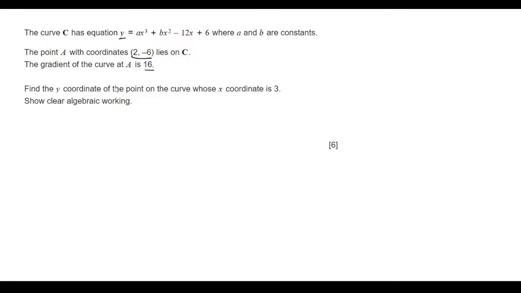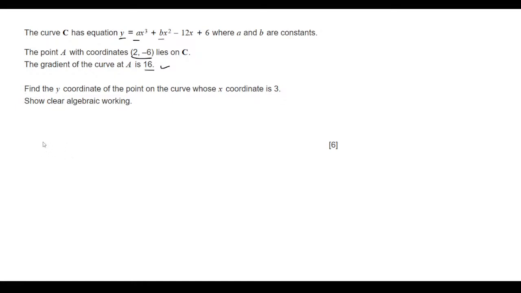The gradient of the curve at A means at this particular point only, so when x is 2, my dy by dx value is 16. So I will get two equations, and here I have two unknowns, a and b. Two linear equations with two unknowns can be solved simultaneously. Let us see how it is done.